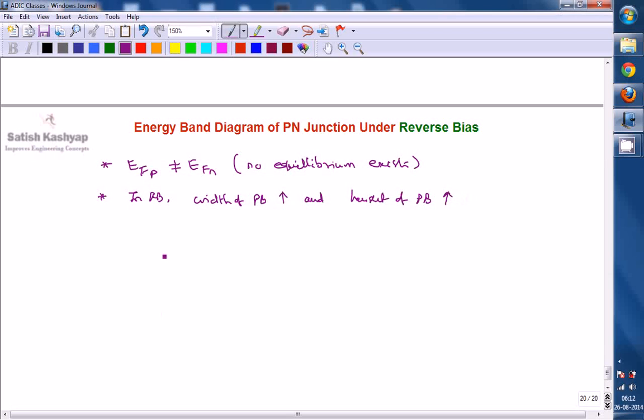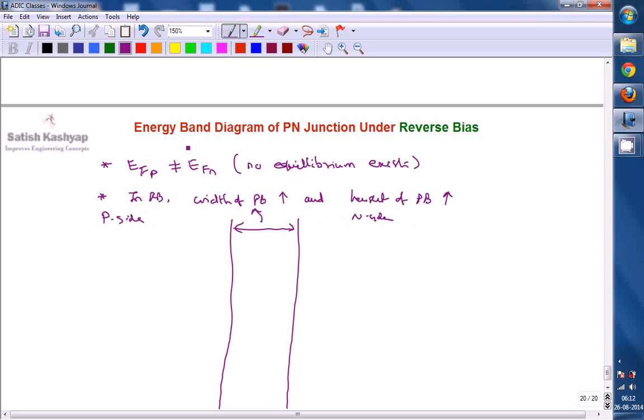So the width of potential barrier increases, that we can draw in this way. This is the width of potential barrier under reverse bias. Okay, and left of this one is the p type semiconductor, the p side of the p-n junction, and right of this one is nothing but the n side.